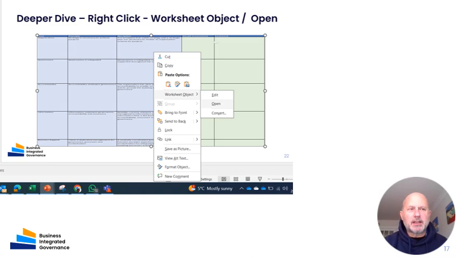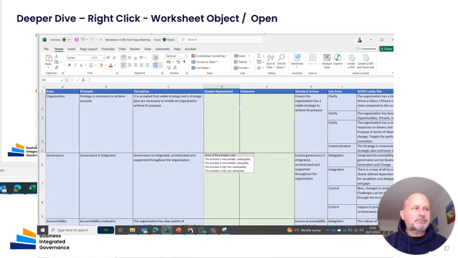So once we've opened up the sheet, you'll be taken to a whole list of questions. So basically on the left hand side of the page, those are the big components: organization, governance, accountability. There's a few in here. What we've given in this example is a few questions from the readiness model just for you to play with.